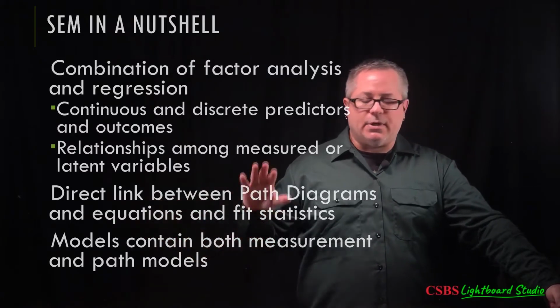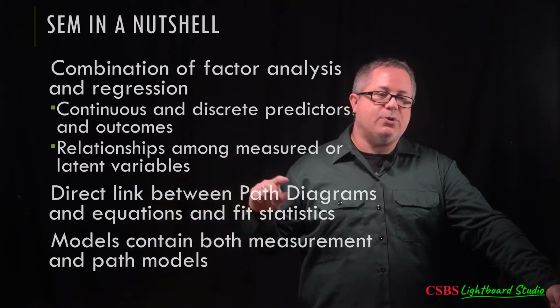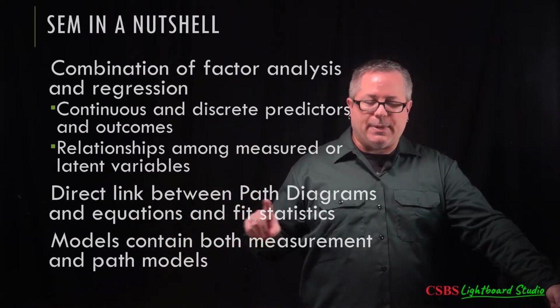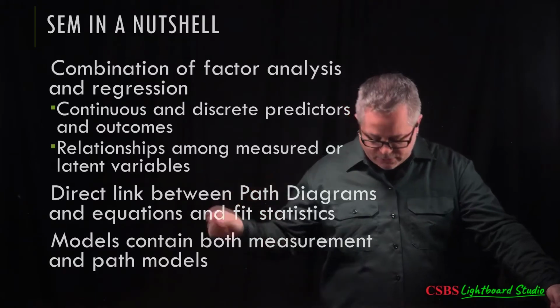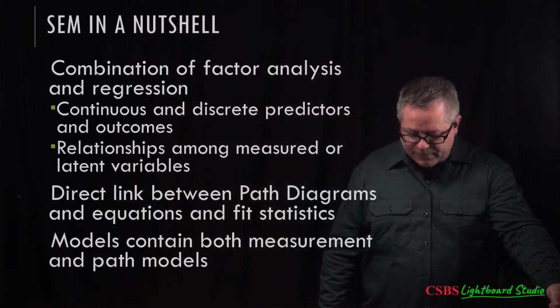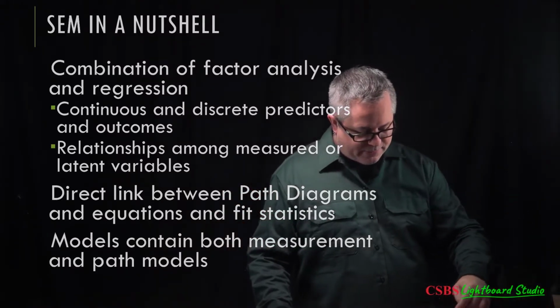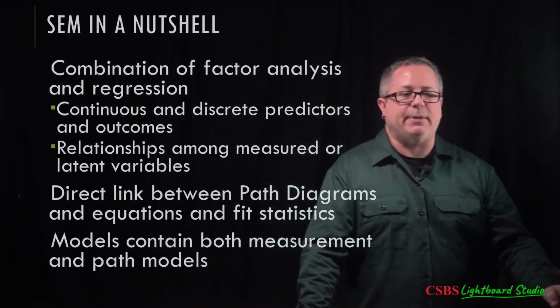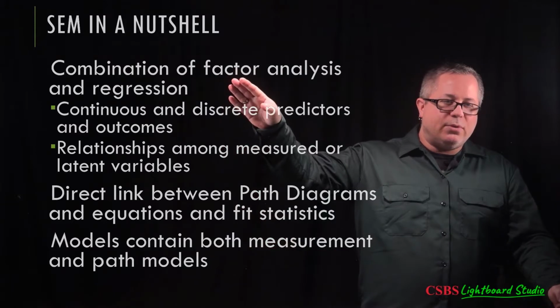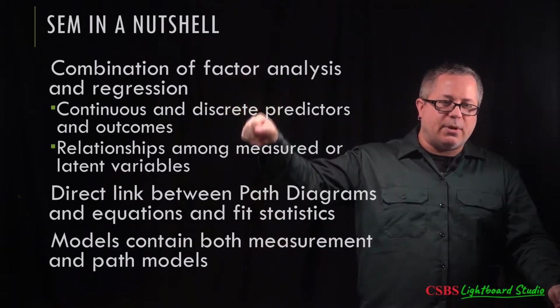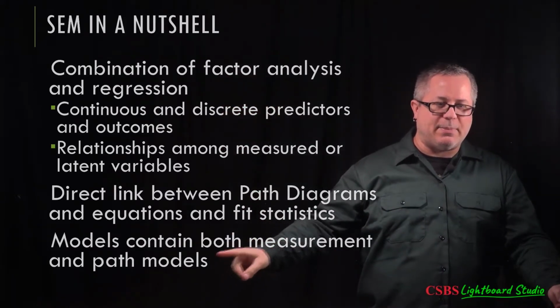When we talk about simultaneous equations, the paths in the models relate directly to equations that get solved in the analysis on all the parameters we're trying to estimate. And again, a true structural equation model contains both measurement and path models combined together.